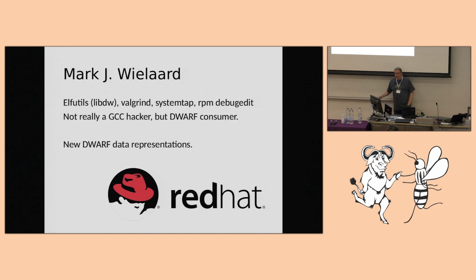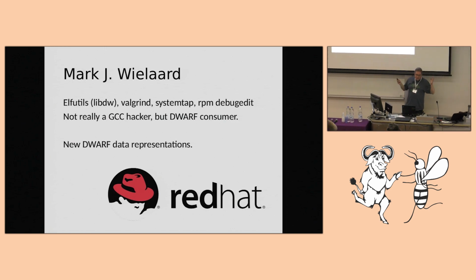DWARF is often described as translating your binaries, your addresses to source, but if that was all it was, then it's just a table of addresses to source files, and that's not it.